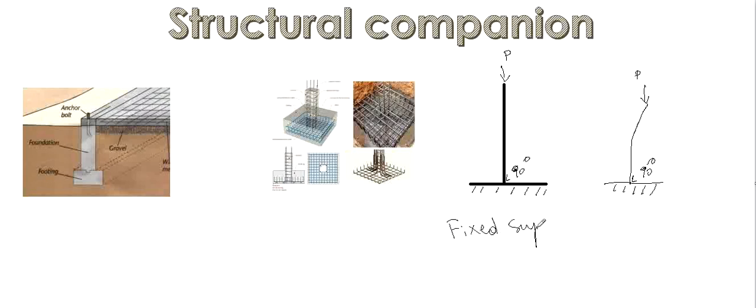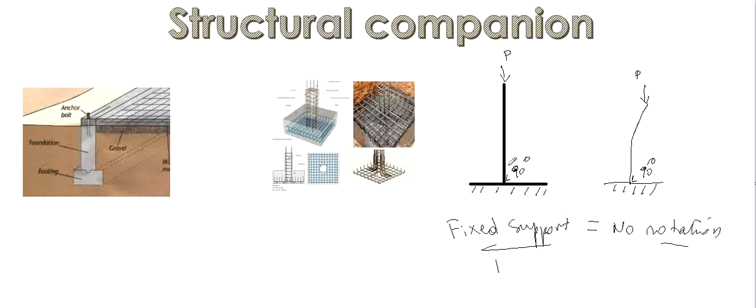Fixed support means no rotation. Before and after applying the load, it was 90 degrees, it remains 90 degrees. So there's no rotation at all here.